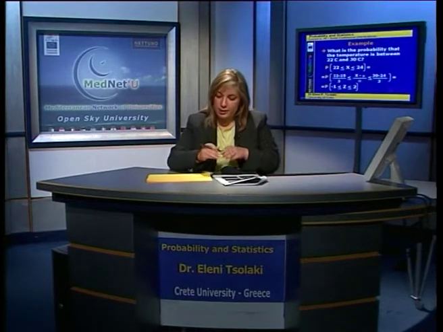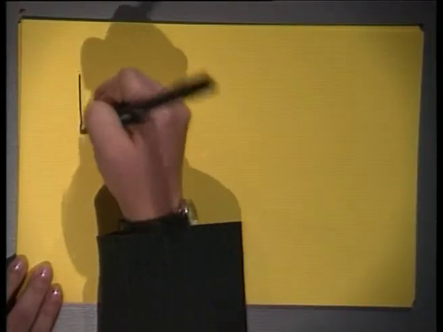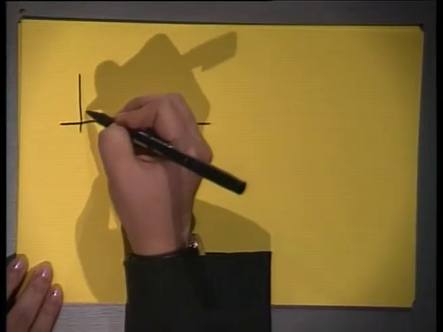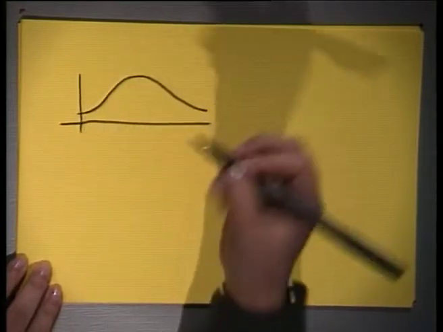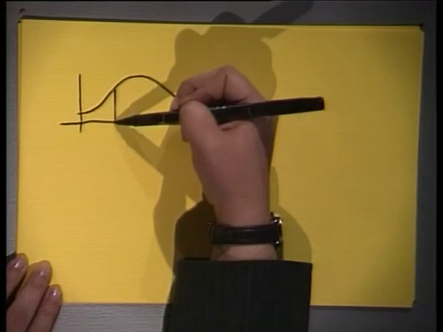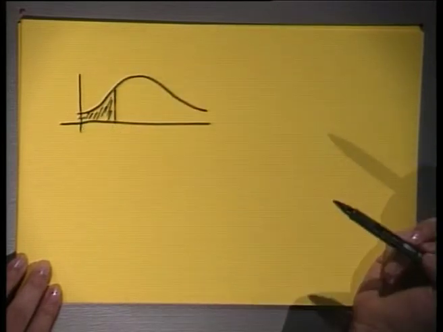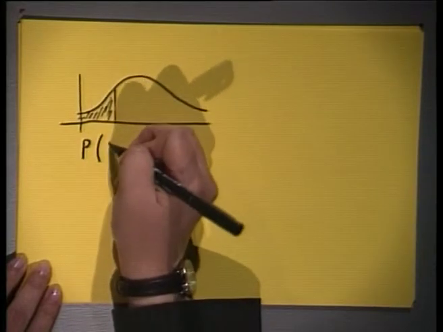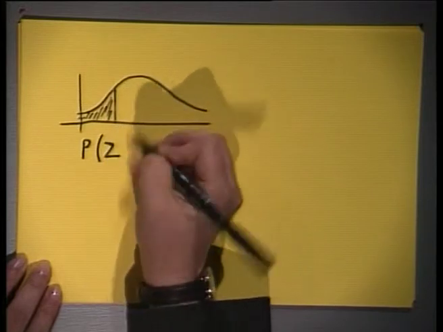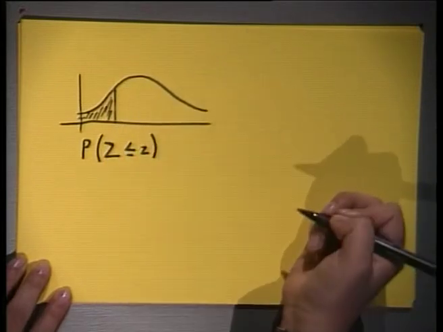So, if, for example, a book has the normal distribution and gives us this area, it actually gives us the probability of z less or equal to a number.